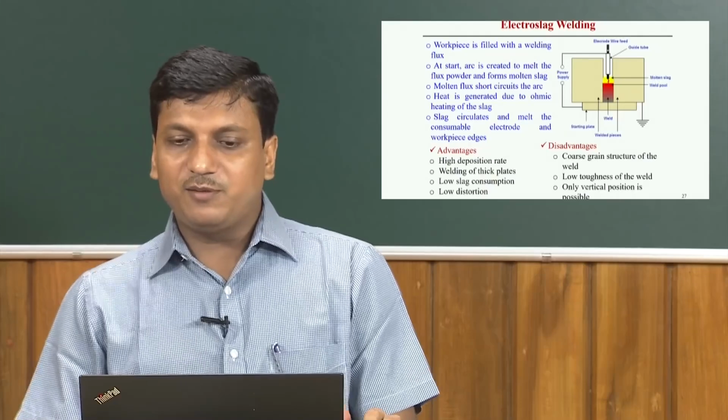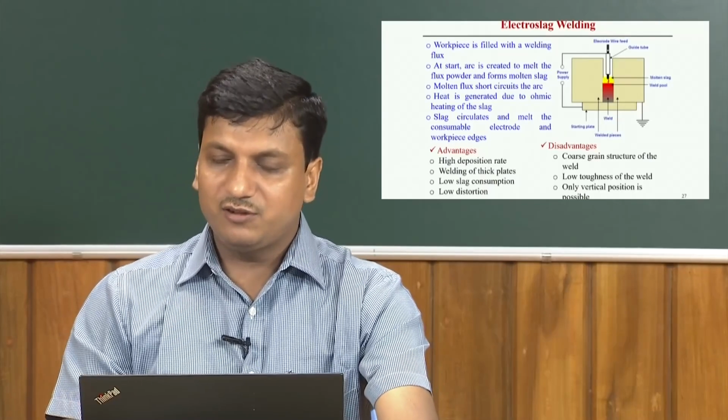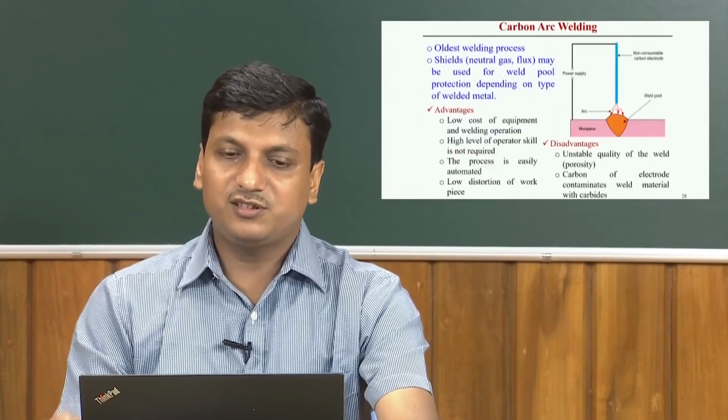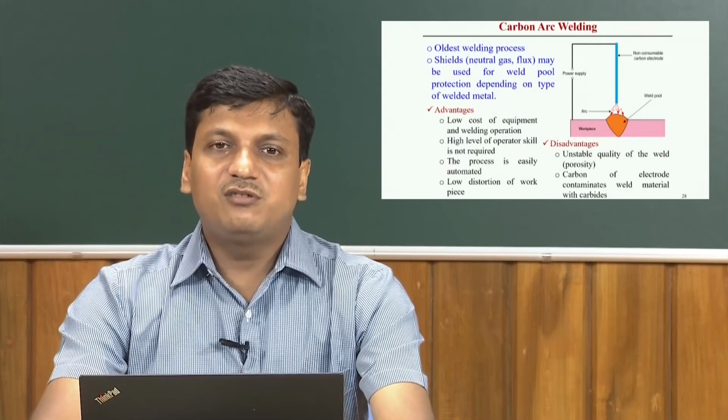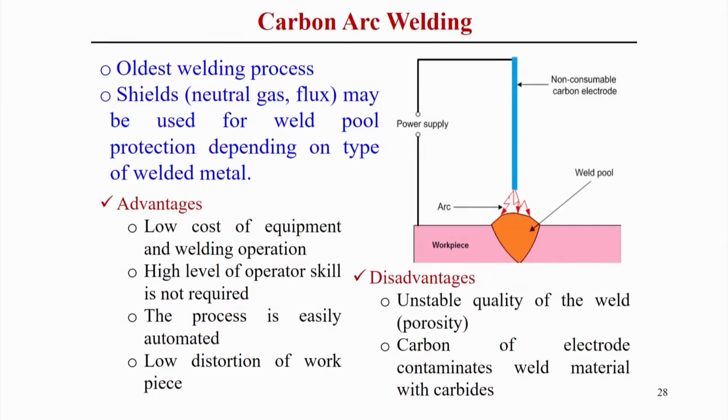Apart from electro slag welding, there are other welding processes. The most simple one is called the carbon arc welding process. It is a very old welding process. Seals may be used for weld pool protection depending upon the type of the metal. So, shielding can be used, that means either natural gas or flux can be used in this process.